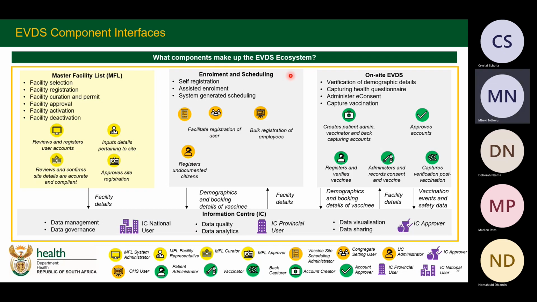The next component is enrollment and scheduling. And what happens with enrollment and scheduling is there is self-registration, assisted enrollment, and system-generated scheduling. So those are the processes that happen in the enrollment and scheduling component of the EVDS.